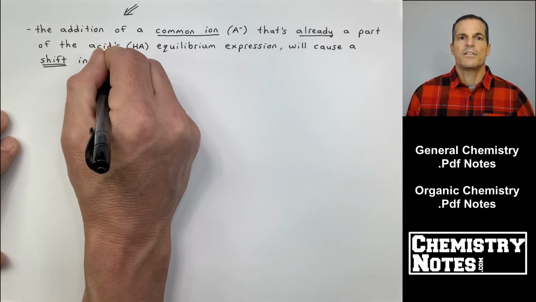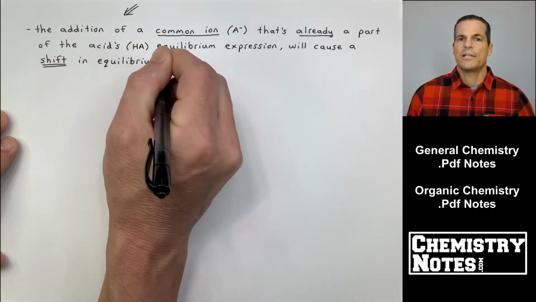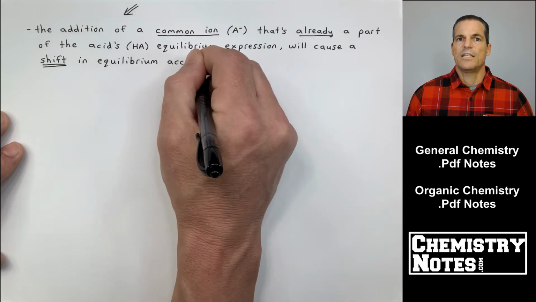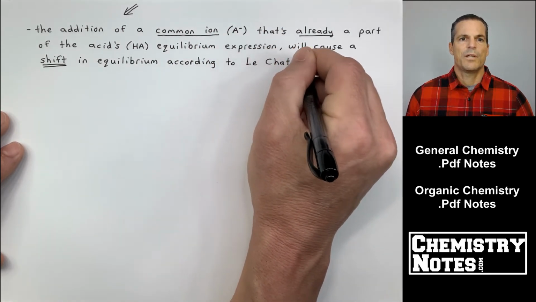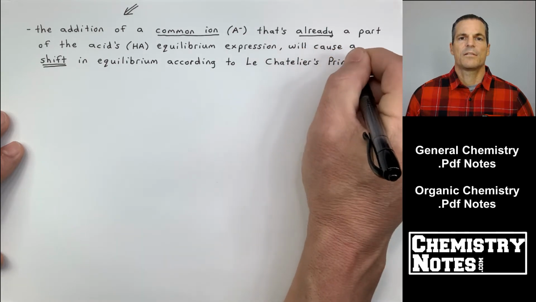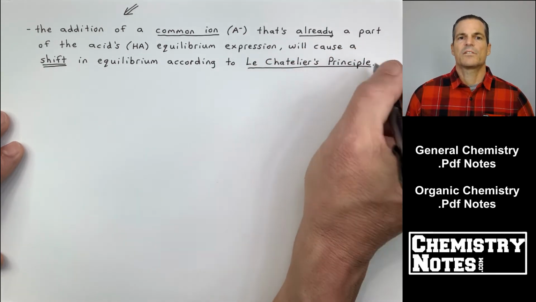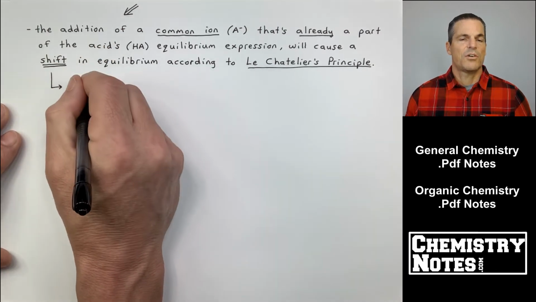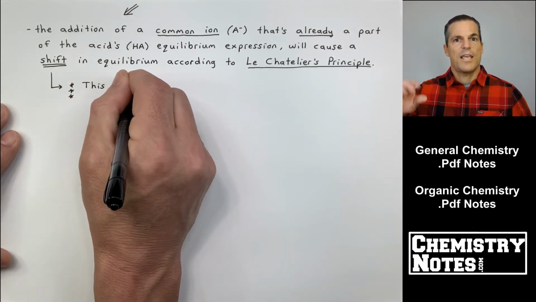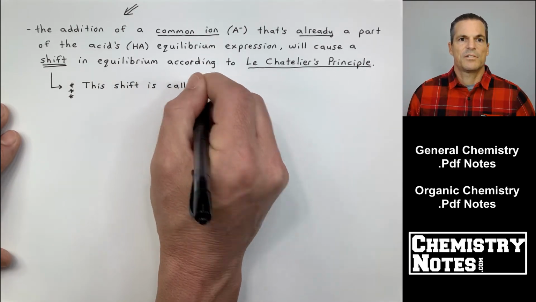So the addition of a common ion A minus that's already a part of the acid's equilibrium expression will cause a shift in equilibrium according to Le Chatelier's principle. Okay, that's why it's called a common ion. It's already a part of the dissociation of HA into H plus and A minus as products.